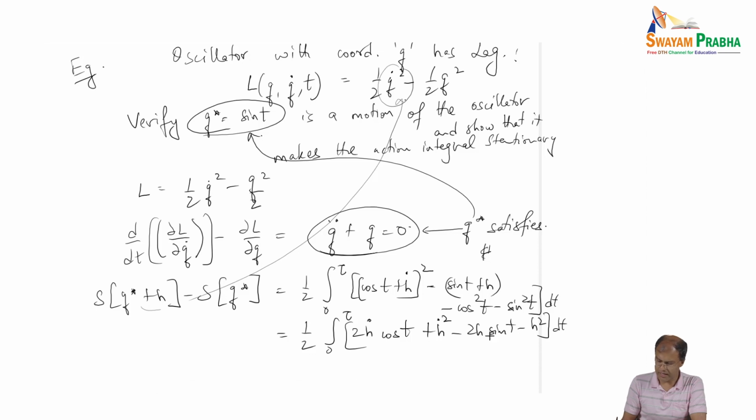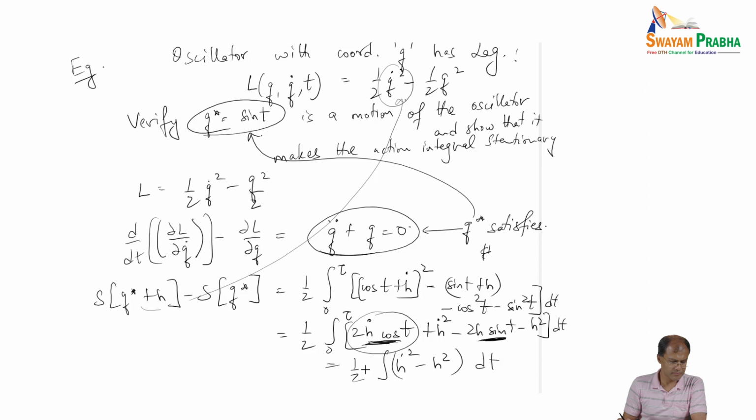If we integrate by parts, the first and third terms cancel each other, and we are reduced to the integral half of h dot squared minus h squared, dt. Listeners are requested to integrate the first and third terms in this integrand and they will cancel, subject to h being 0 at the end points. So this is what we have.